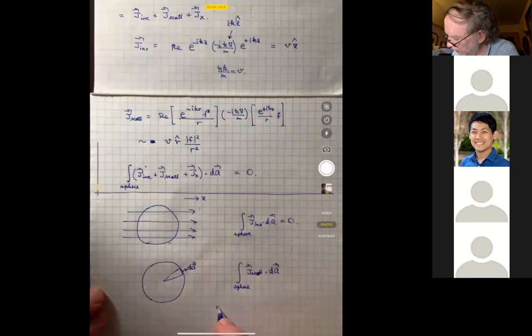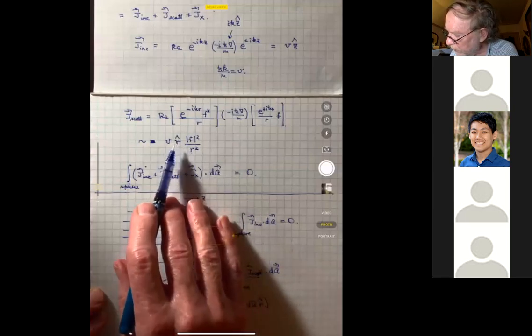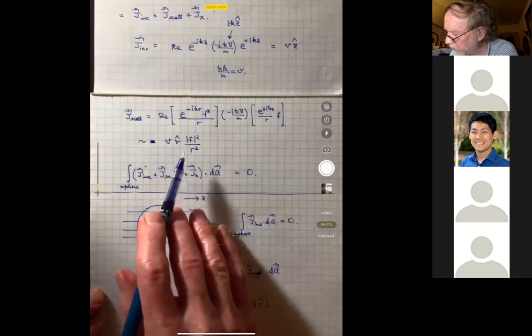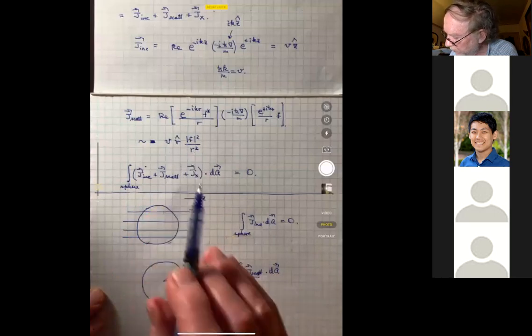So the dA as a vector is equal to r squared d omega, which is the magnitude of it, times r hat, which is its direction. So when I multiply this by J scattered, which is also in the r hat direction, then the dot product of the r hat just gives me 1. And you can see the r squared in the dA cancels the r squared in the denominator.